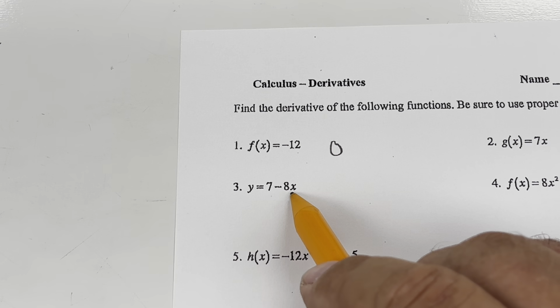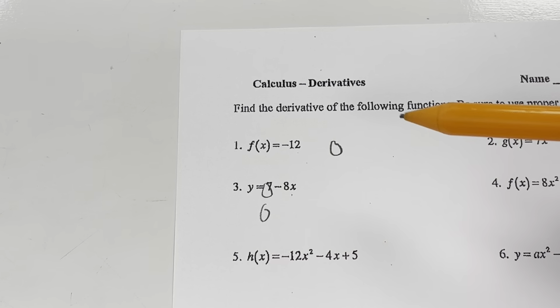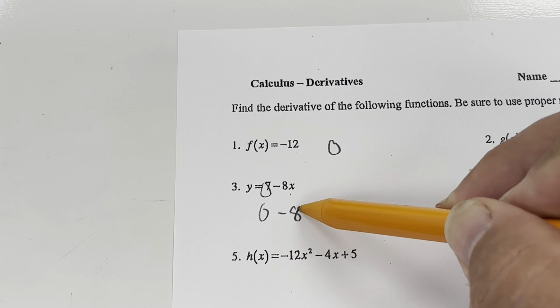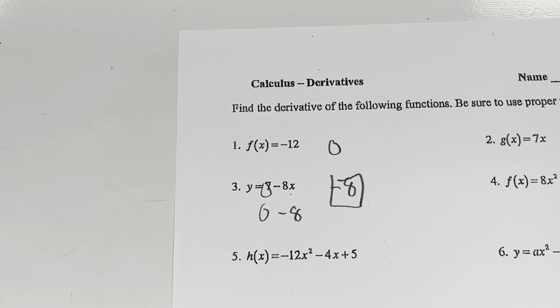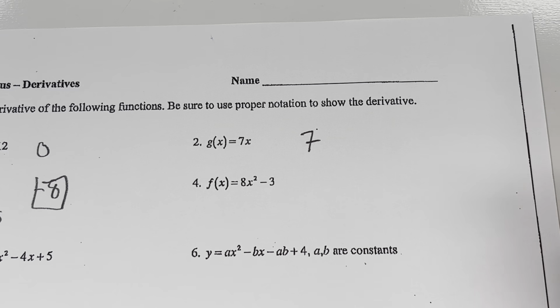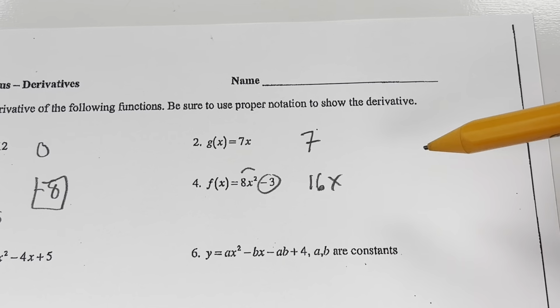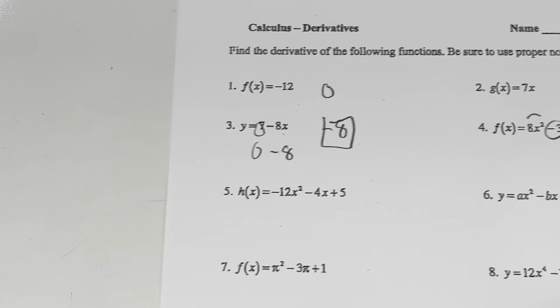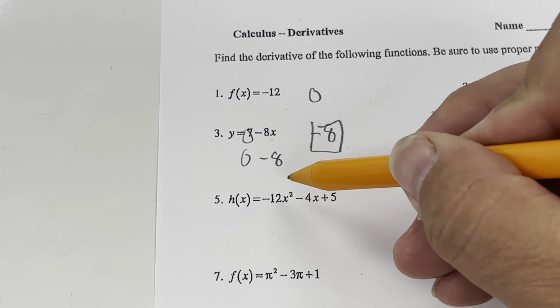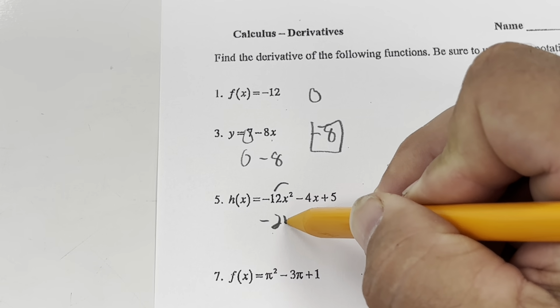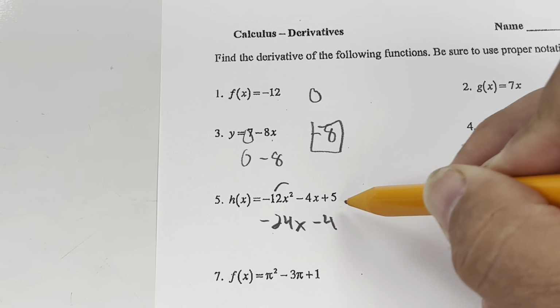The derivative of 7 minus 8x, the derivative of 7 is 0. The derivative of negative 8x is negative 8, so it's going to be negative 8. Power rule, 2 times 8 is 16x. The derivative of negative 3 is 0. 2 times negative 12 is negative 24x minus 4 plus 0.